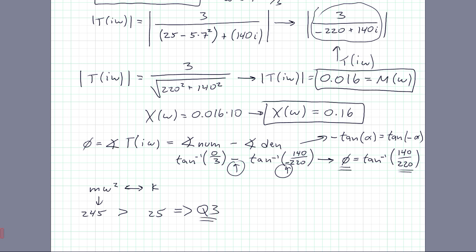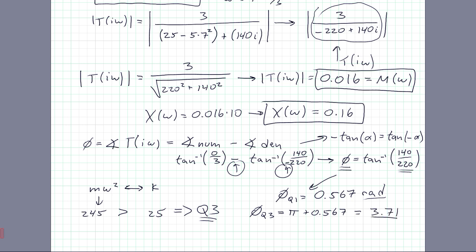So let's find this phi Q1 first. Phi Q1 is the inverse tangent of that, which is 0.567 radians. So phi Q3, which is the one we actually need, is pi plus that 0.567, which is equal to 3.771.